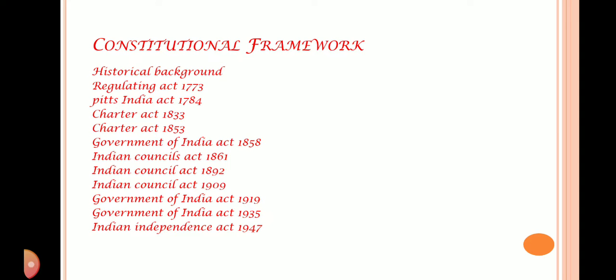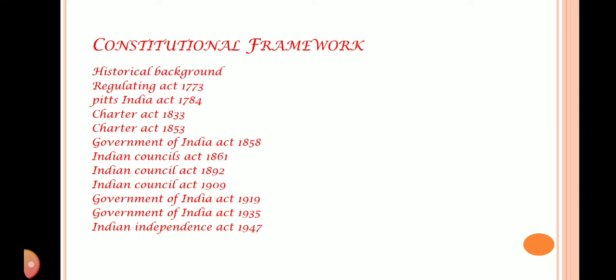It abolished the Council of India established by the Government of India Act 1858. The Secretary of State for India was provided with a team of advisors. It extended franchise and about 10% of the total population got the voting right.